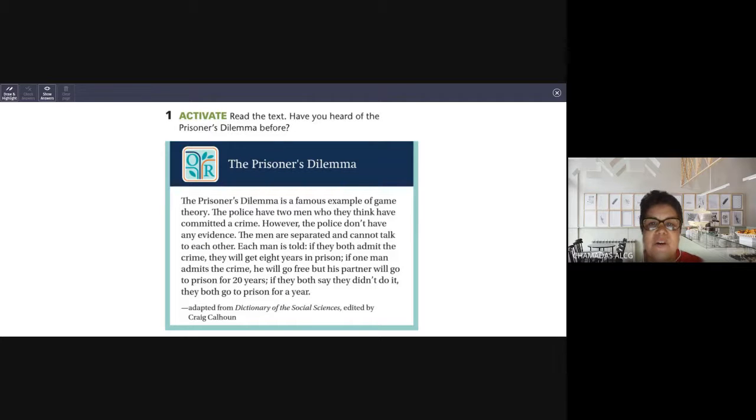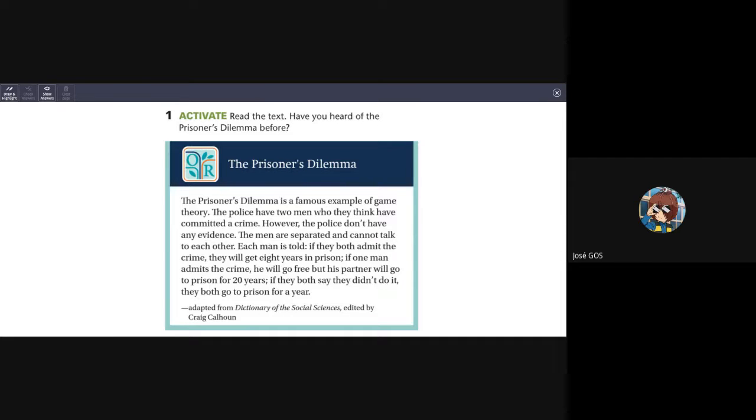Imagine if you were in that situation. You can't talk to the other prisoner. What would you decide? Which option?